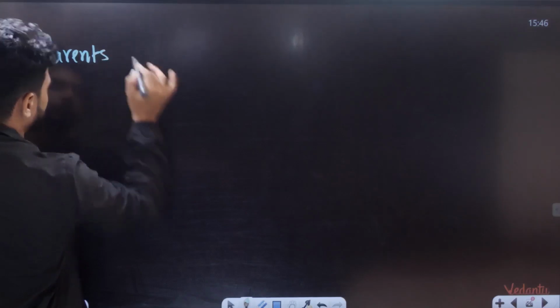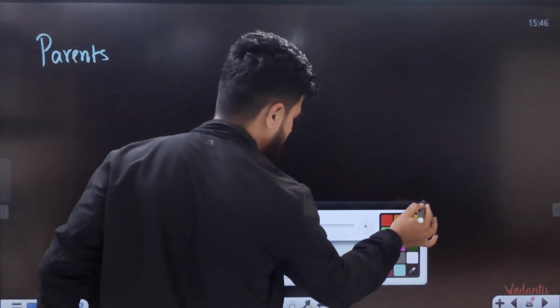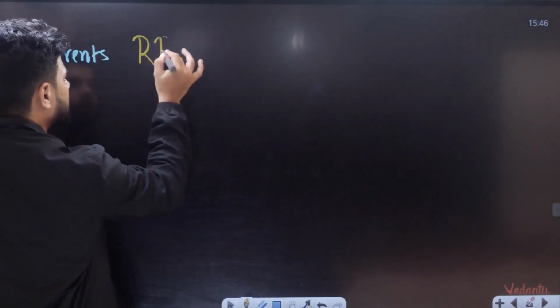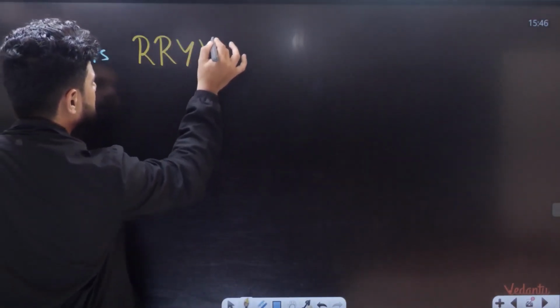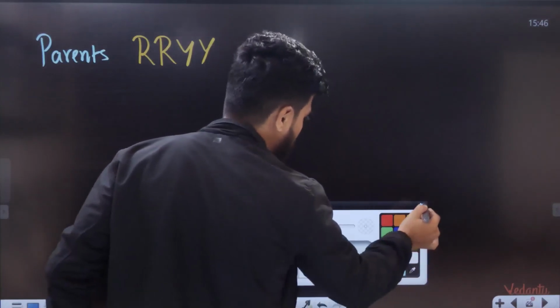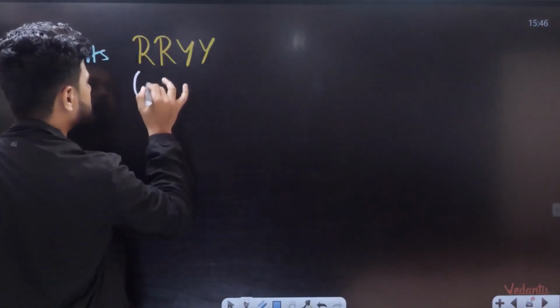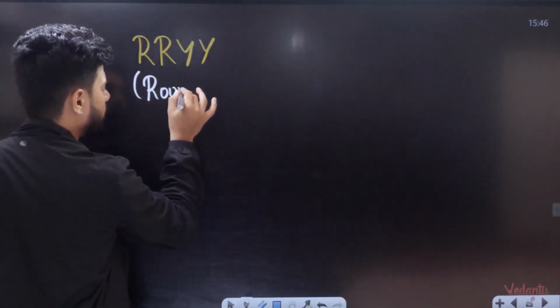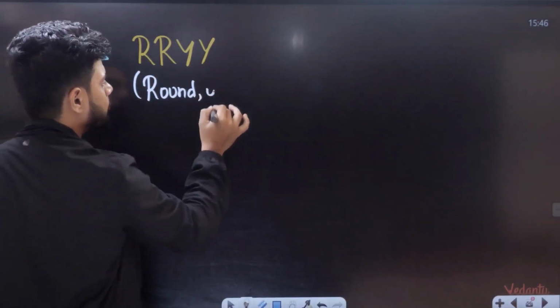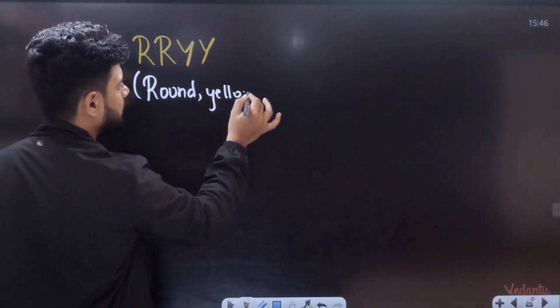So the first step is parents. Here we have capital R, capital R, capital Y, capital Y. Now what is this? Capital R represents round, dominant, seed shape, and capital Y represents yellow, dominant, seed color.